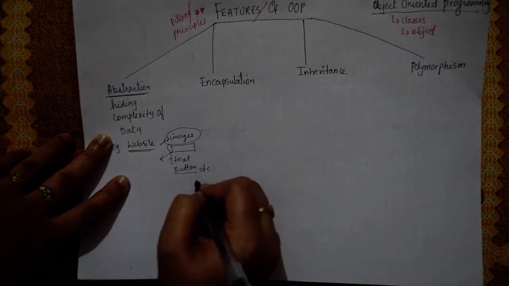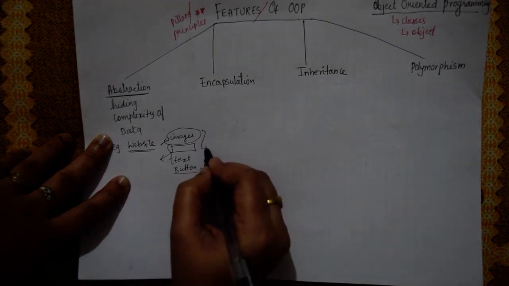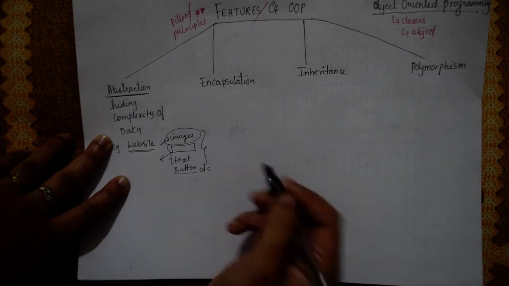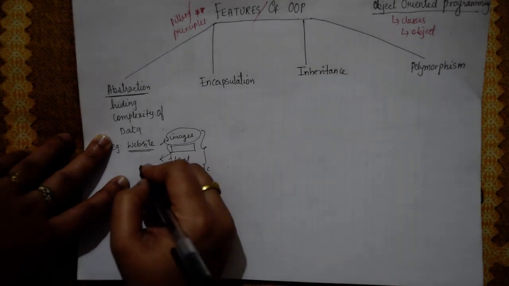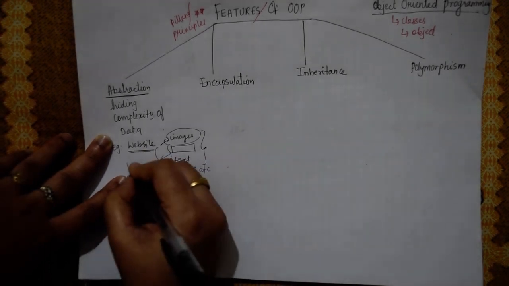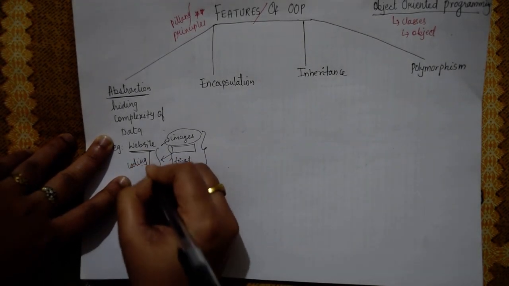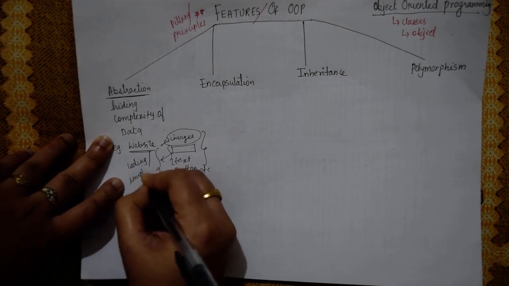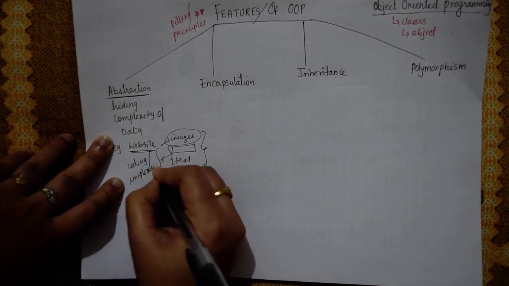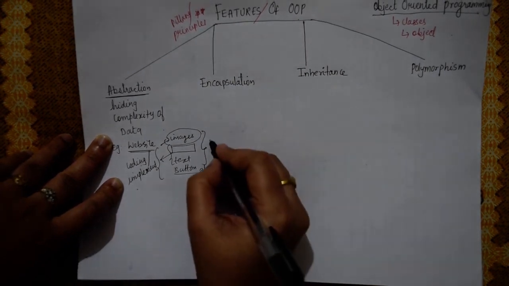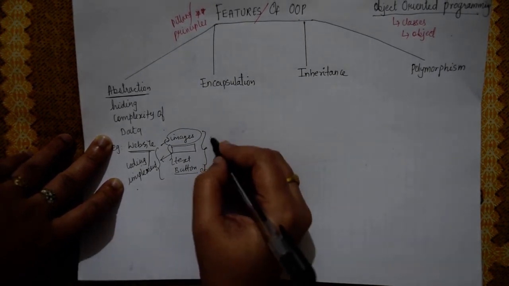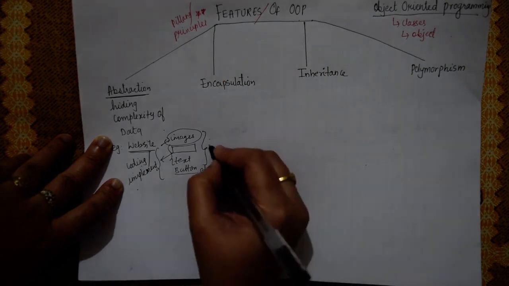We don't need to know all this information, we only want our work to be done. So what is happening here, the coding part, or you can say the implementation part, which is the complex one, is hidden, and it presents only the features to the outside world. Correct? So this is what abstraction is.